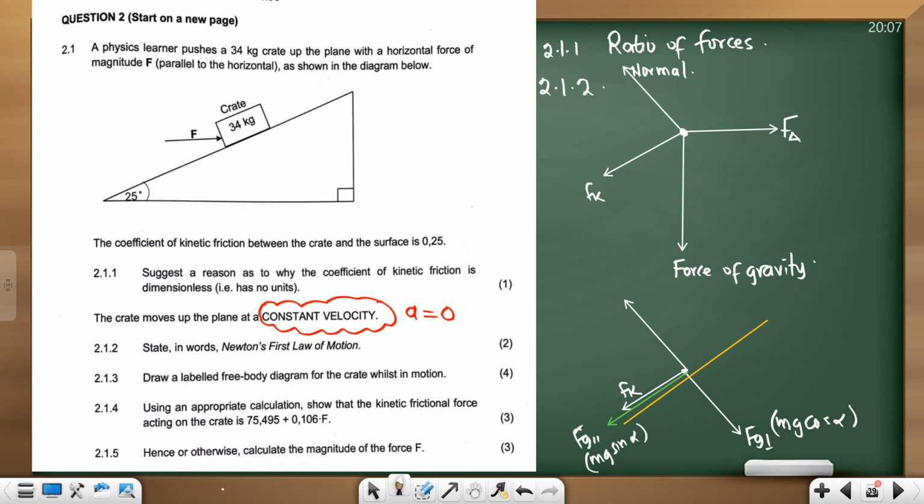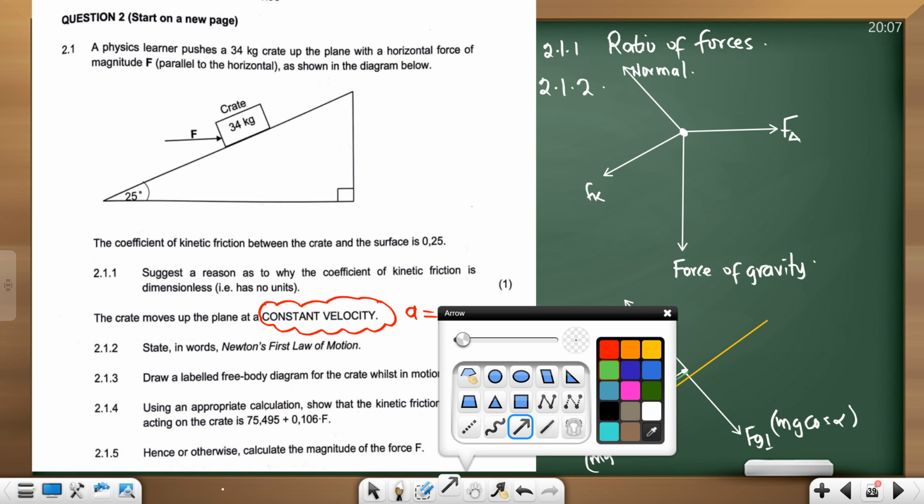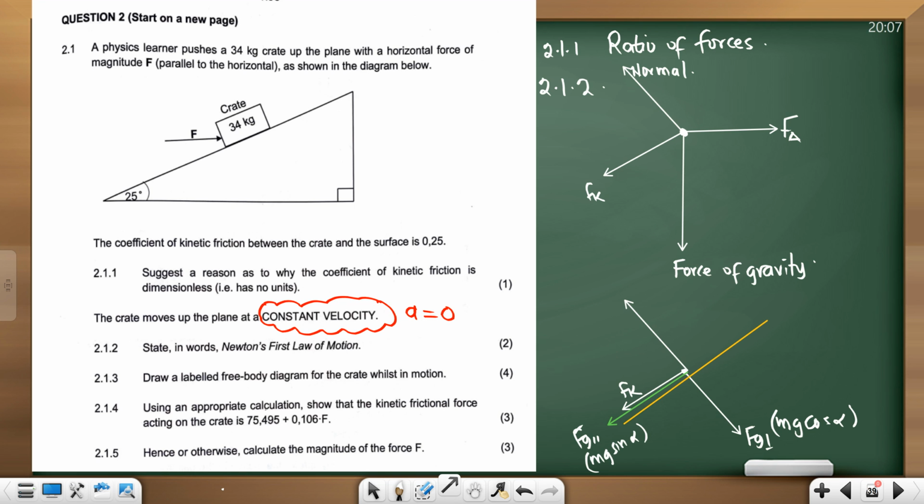The question is, where is my force applied? How is it going to be resolved? Let me start by doing this. Here is my force applied, but I don't want it to look that way. Can we resolve this? It must be vertical and horizontal.